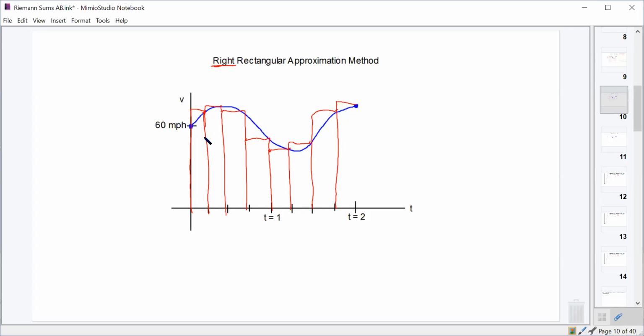Good or no? And once again, we might note that there are some sections that go a little over, and there are some sections that we don't quite get enough area. True?